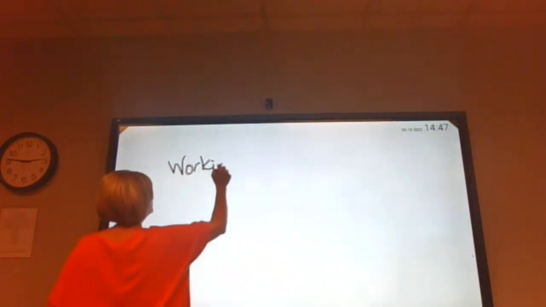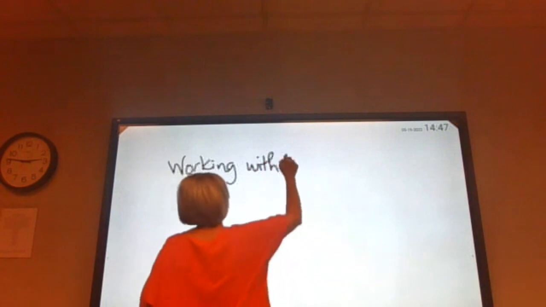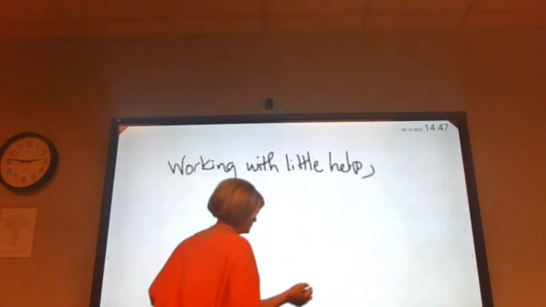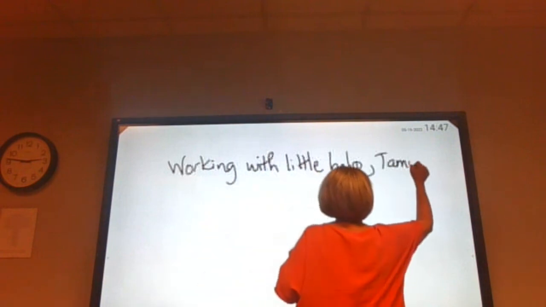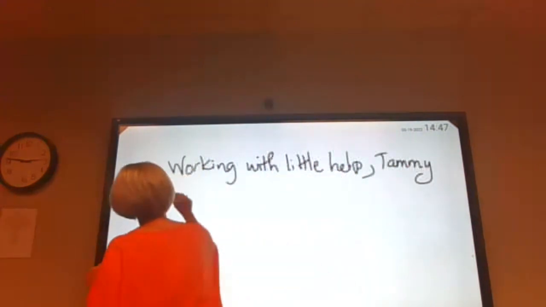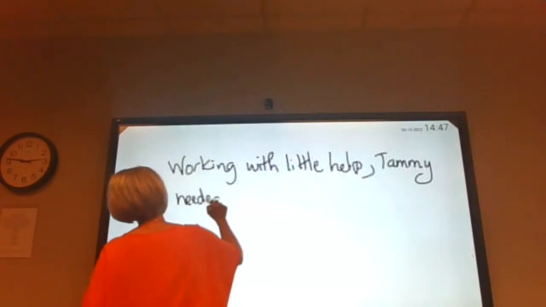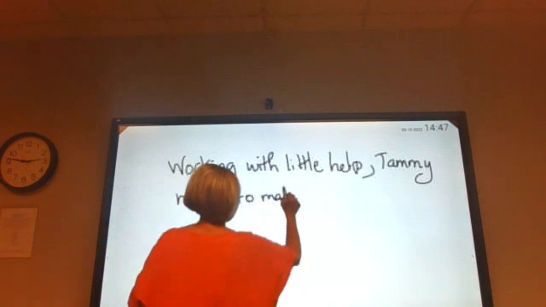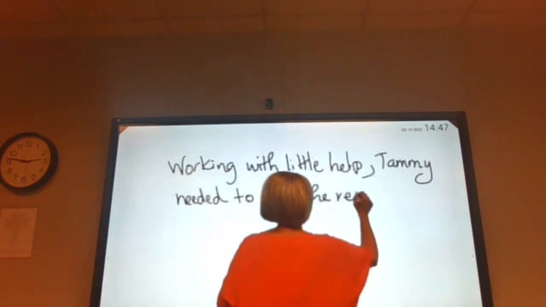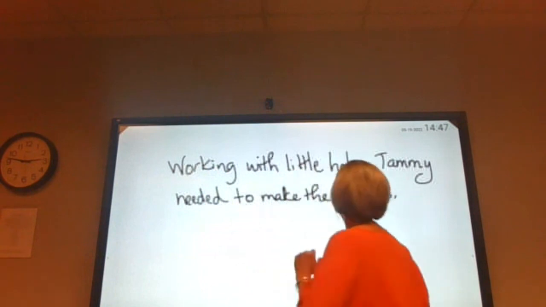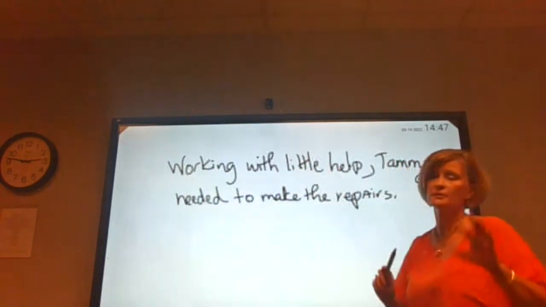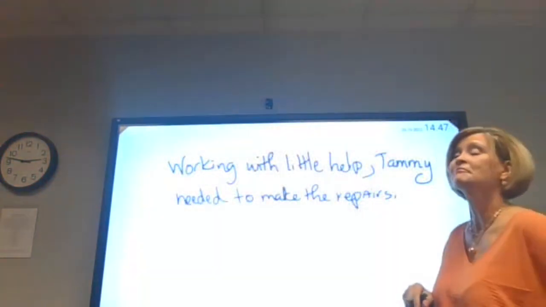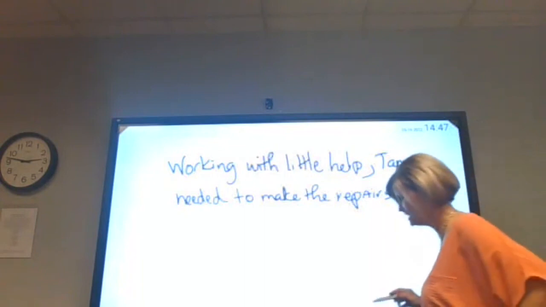And this is one that's actually on the worksheet. Something like this. This is not the sentence, but you'll get the picture. So, I always tell my students, look at the first word in the sentence. If it is an -ing word, pay attention to it. It's either a gerund or it's a participial phrase.